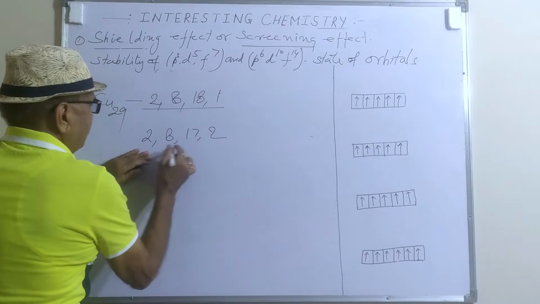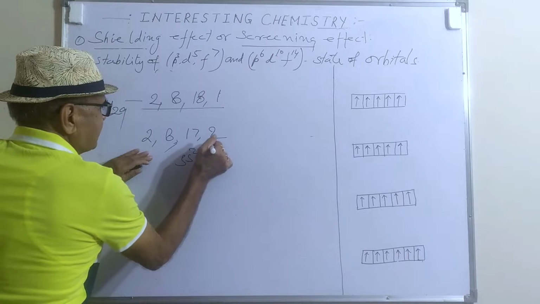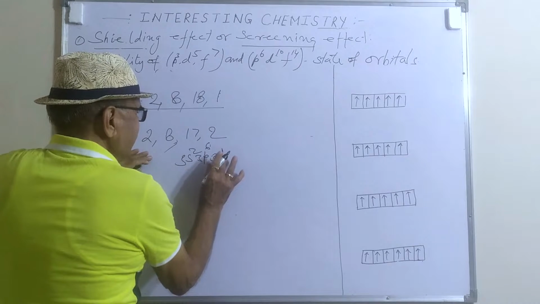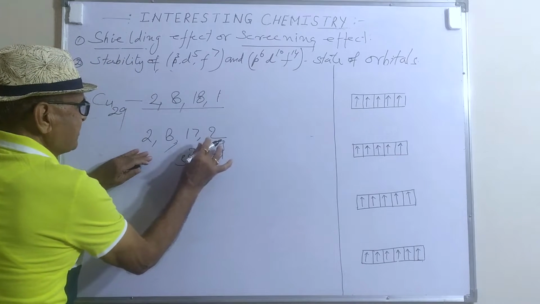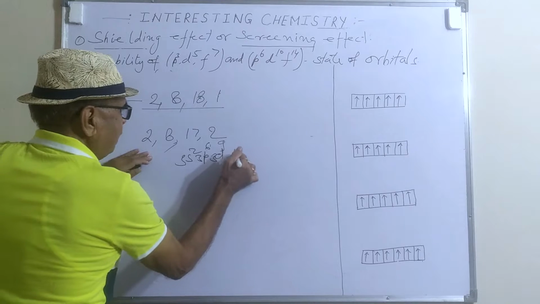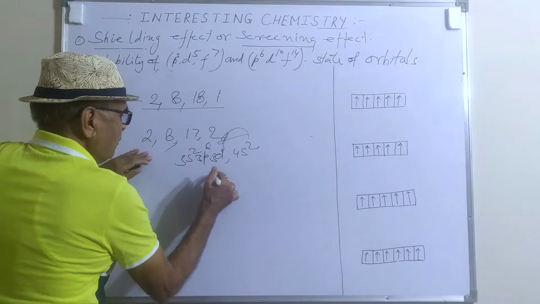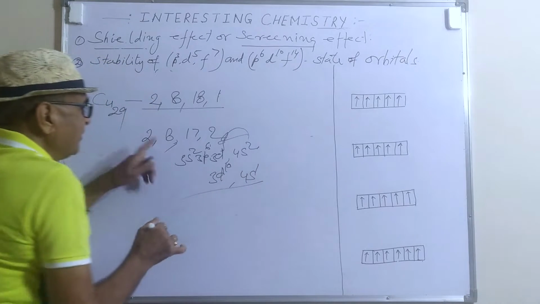17 and 2. I can write here 3s2, 3p6, 3d9, 9 plus 6 is 17, and 4s2. But one electron is transferred and you will find 3d10 and 4s1.